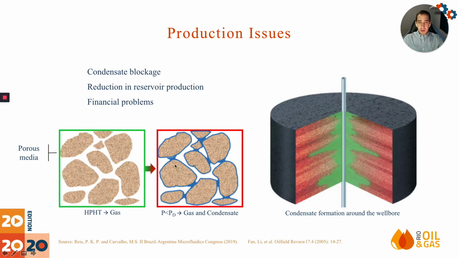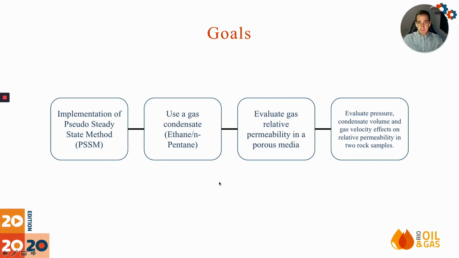But if we decrease the pressure to a pressure that is lower than the dew point pressure, we will have liquid formation. And we can see that the liquid accumulates and blocks the gas path, reducing the production.